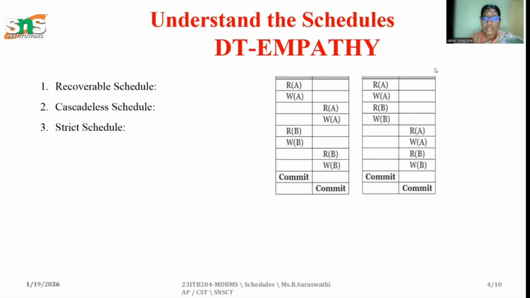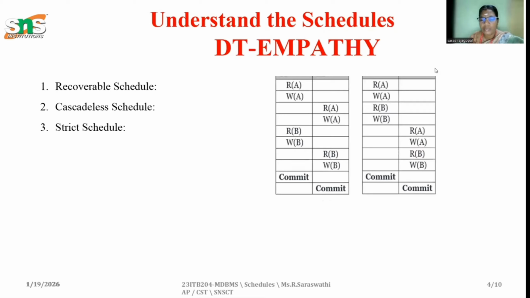Among the types of schedule, there are recoverable schedule, cascadeless schedule, and strict schedule. Consider a schedule with transaction T1 and transaction T2. T1 contains read of A and write of A, both completed.